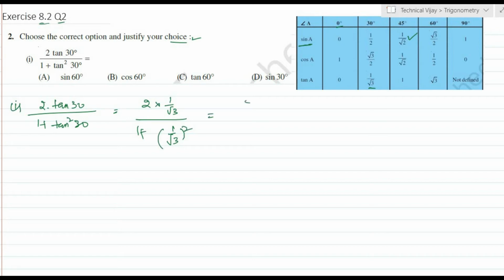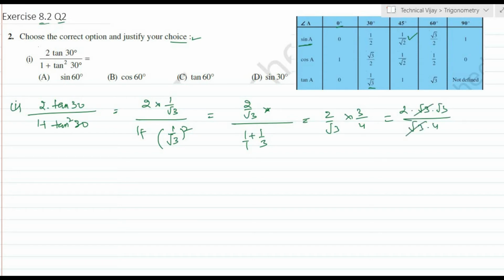So this is equal to 2 divided by √3 into this whole divided by, okay, so 1 by 3, that is 1 plus 1 by 3. So this will be 2 divided by √3 into, here the LCM: 3, 1 3 is a 3, 3 plus 1 is 4, 4 by 3, that is 3 divided by 4. So this is equal to 2, this 3 can be written as √3 into √3, this is √3 into 4.